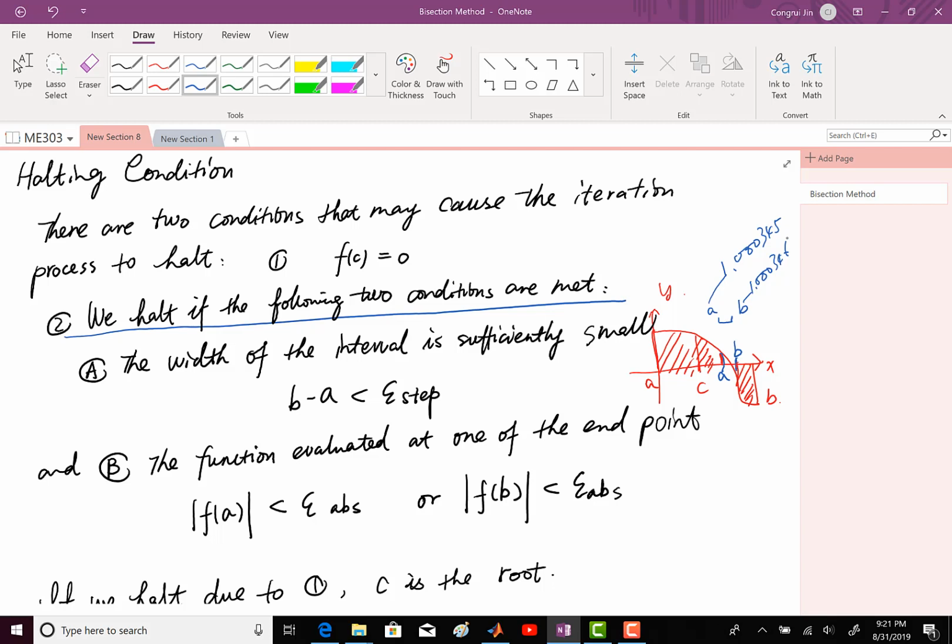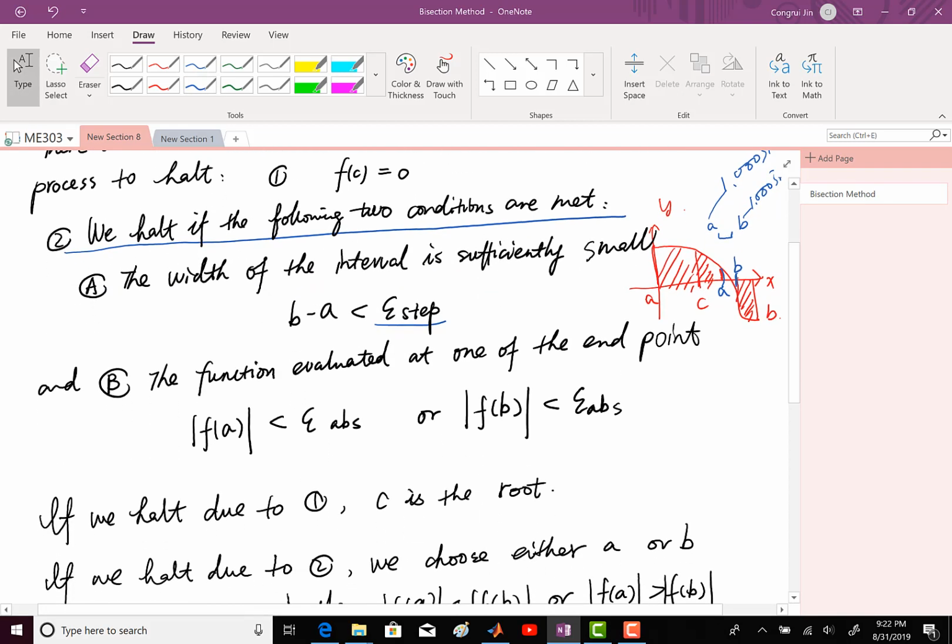If this is not good enough and you need more digits for a more accurate root, then you need to continue the iteration. So it really depends on the value of epsilon step. If you need a very accurate root, epsilon step should be very small. If you don't need a very accurate root, epsilon step can be larger.